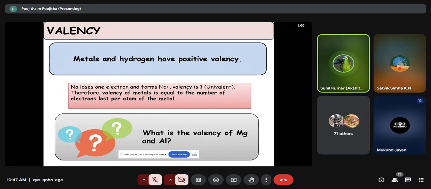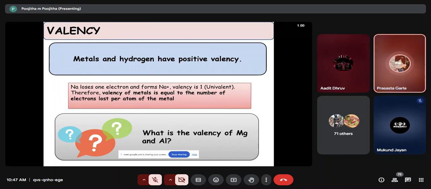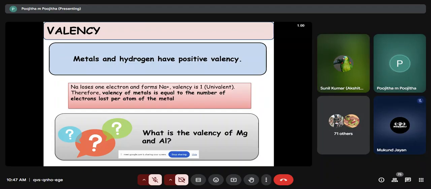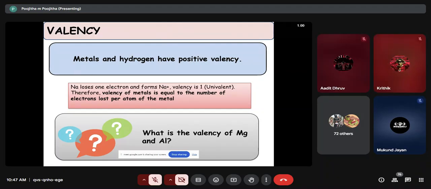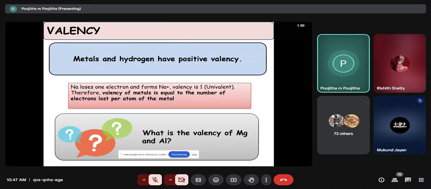Valency minus 2. Correct. Silicon. Metalloid, valency 4. Correct. Silicon is a metalloid. Valency is just 4. Okay. Argon. Noble gas. Argon is a noble gas.